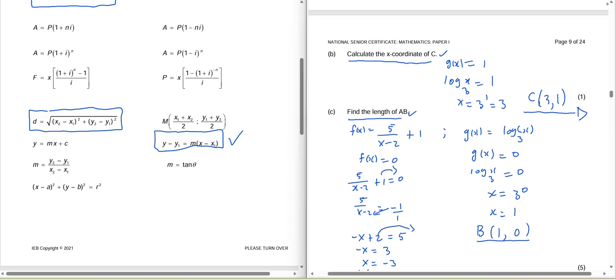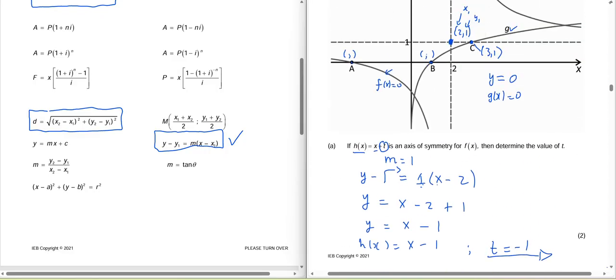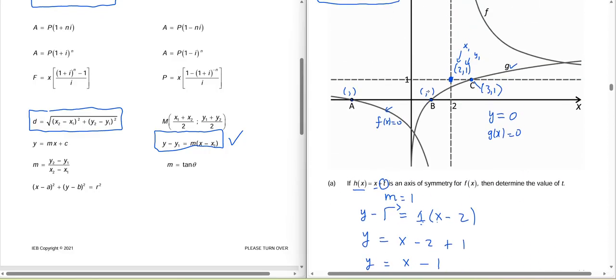This is what we can deduce. So our B coordinate will be 1 comma 0. But then since they are sitting on the x-axis, it means that the y value will not even affect, right? Because it is already 0. So to find the distance from A to B, you can just find the horizontal distance or the difference between the x values. That's how we can find the distance.